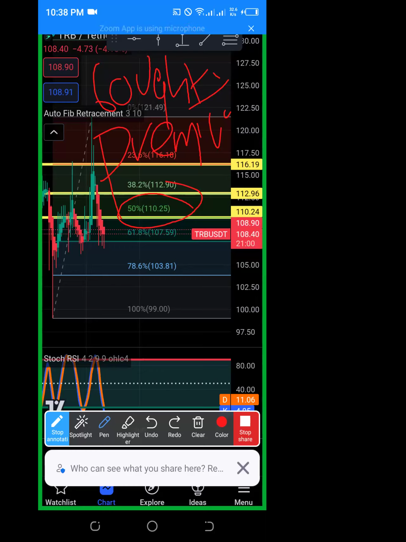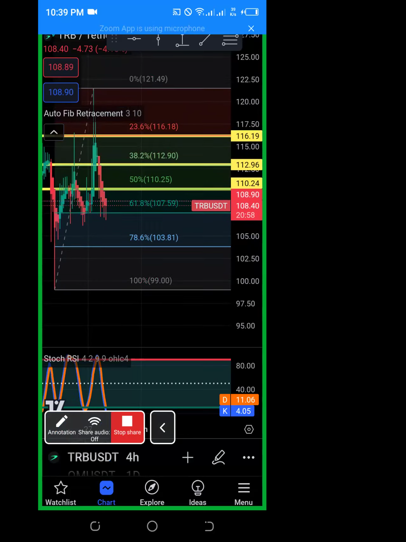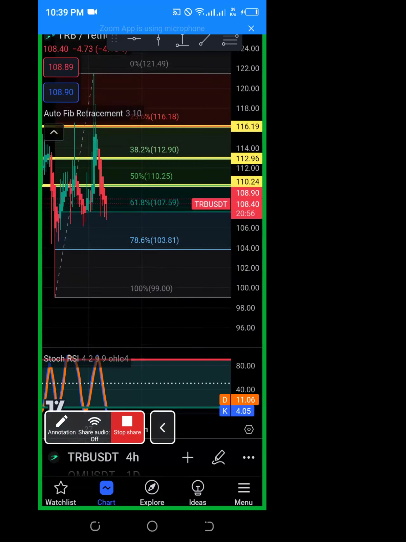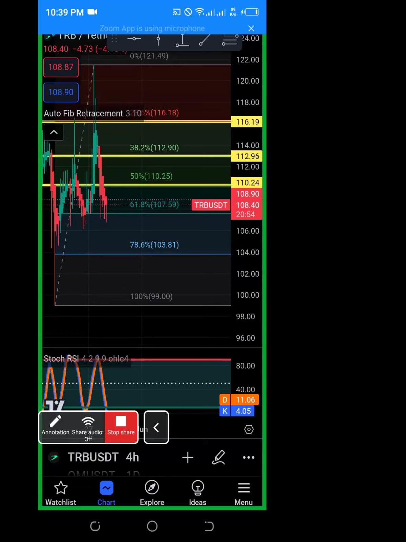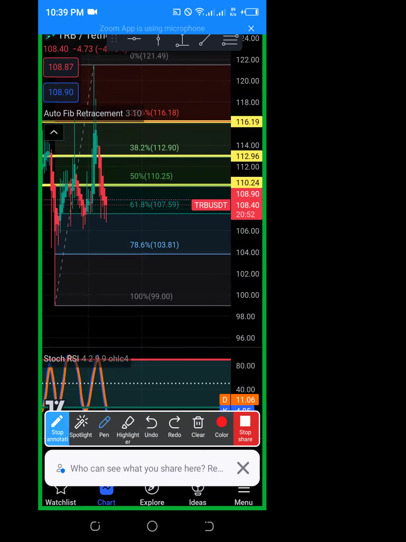Now, if the value of the asset is below 50%, maybe it is at 50% or it is at 61 or 78.6, my friend, you just enter at the current price. Now this is a discount region.